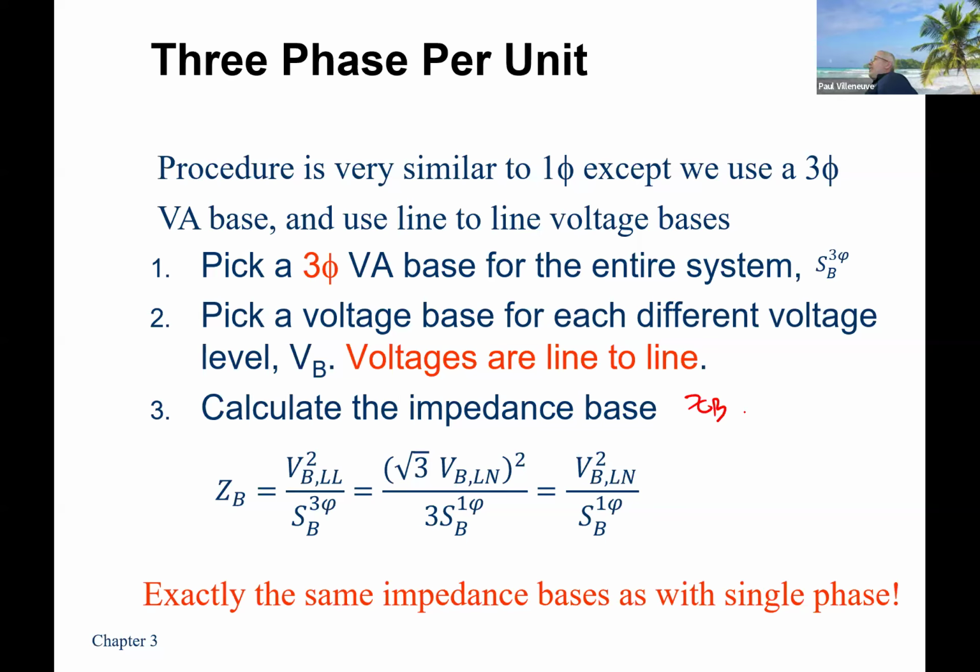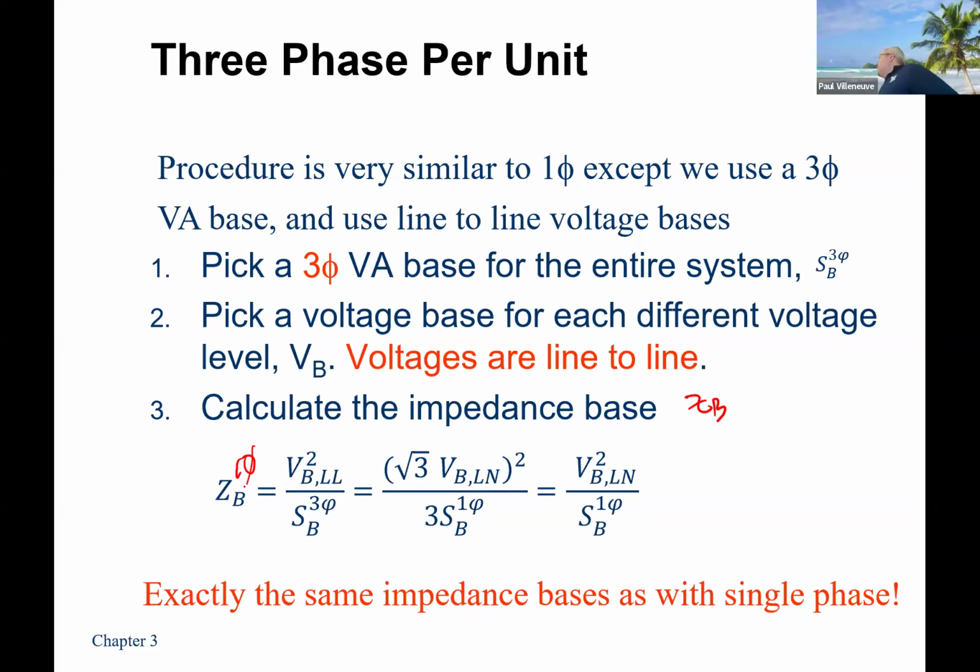There are 3 single phase resistors. So if you want to convert a single phase ohm value to per unit, this has to be a single phase value. And you can see when I plug in V base squared, that's a line-to-line voltage, I divide that by S base.